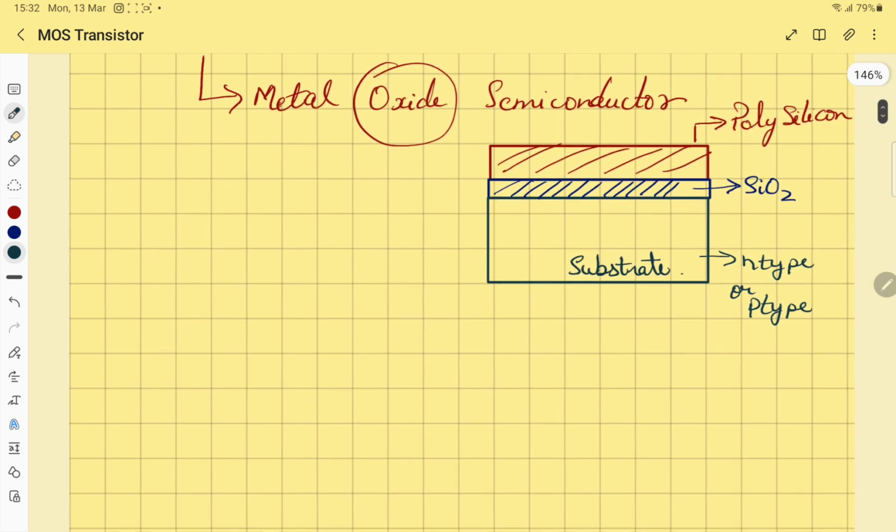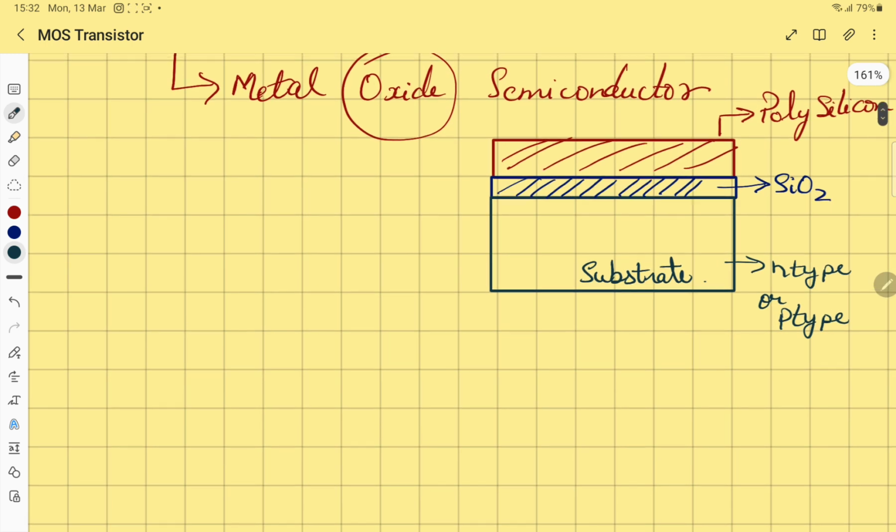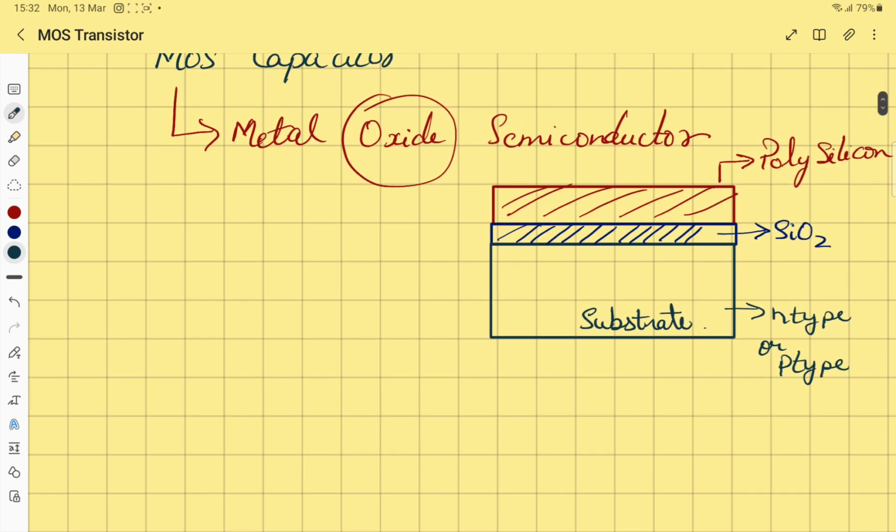Now, to understand the working of this MOS capacitor, let us consider it like a normal capacitor which has two metal plates. If you recall from your basics, a capacitor consists of two metal plates and a dielectric in between. So this will act in a similar fashion and will have three regions of operation.